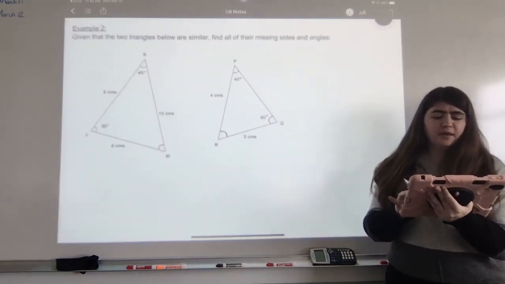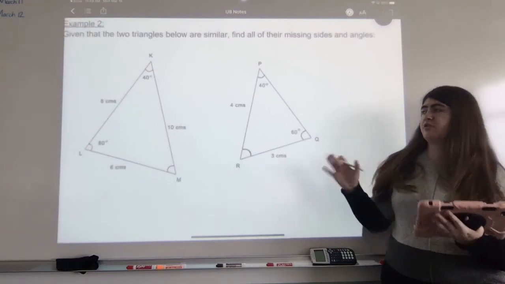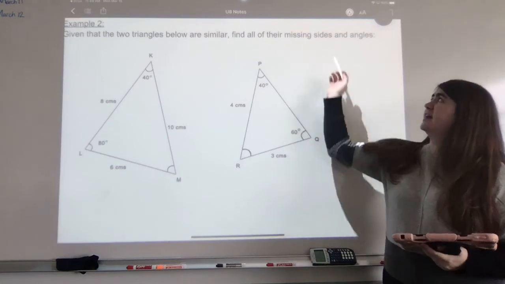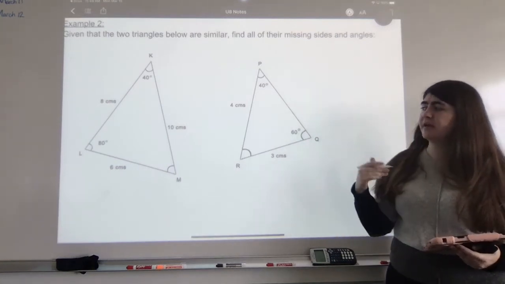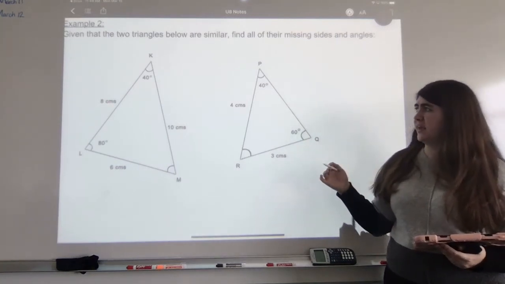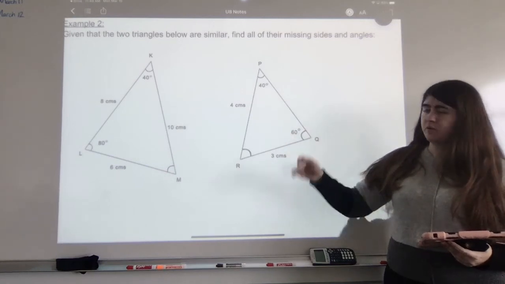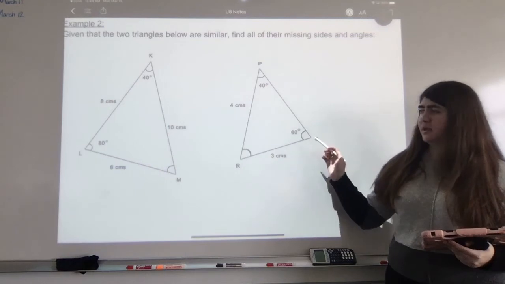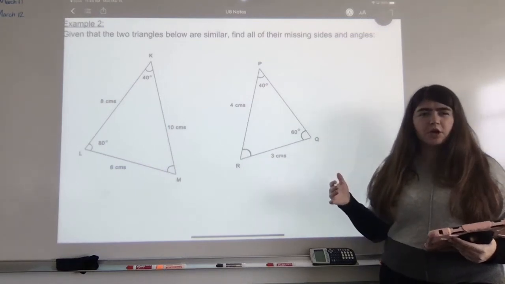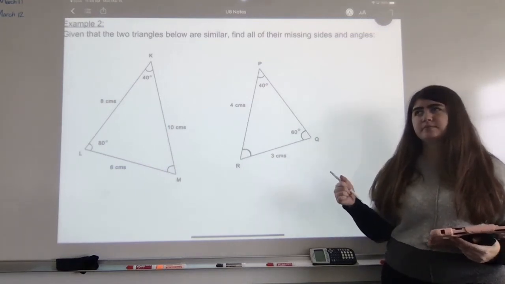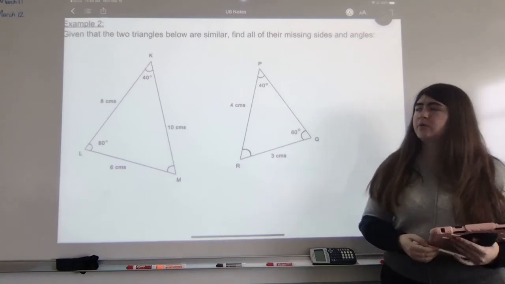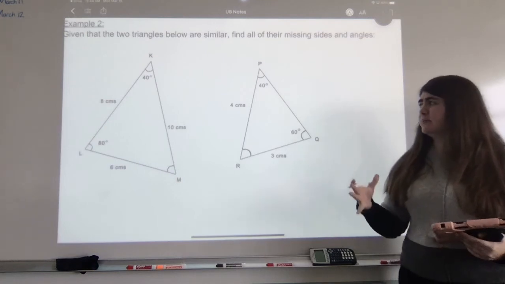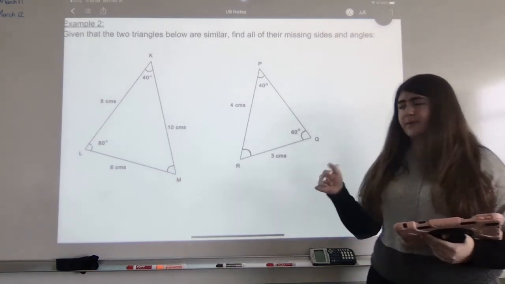All right, example 2 is a different situation where we already know that the triangles are similar, and now we need to find missing pieces. I can solve for the missing angles fairly quickly because we already know that similar shapes have to have the same angle measures between corresponding angles.